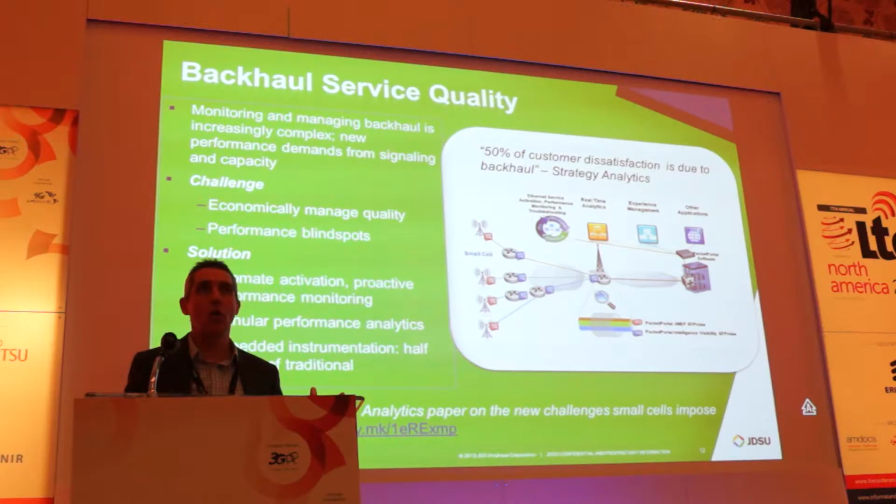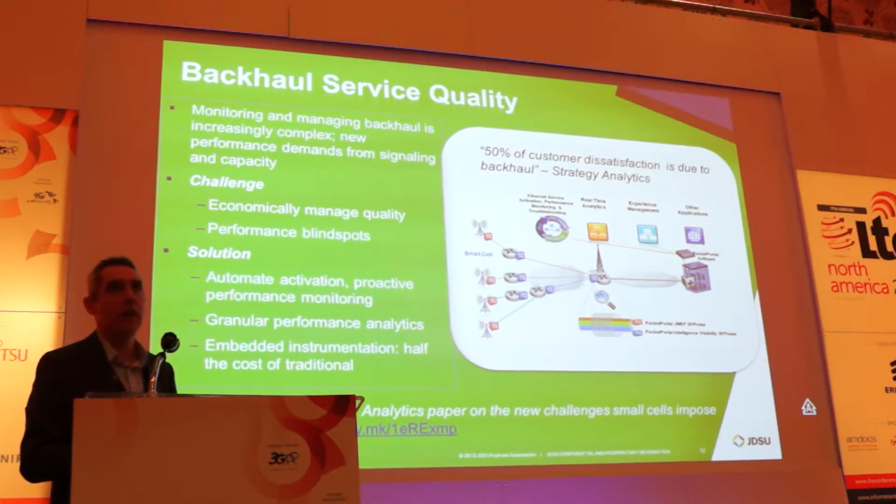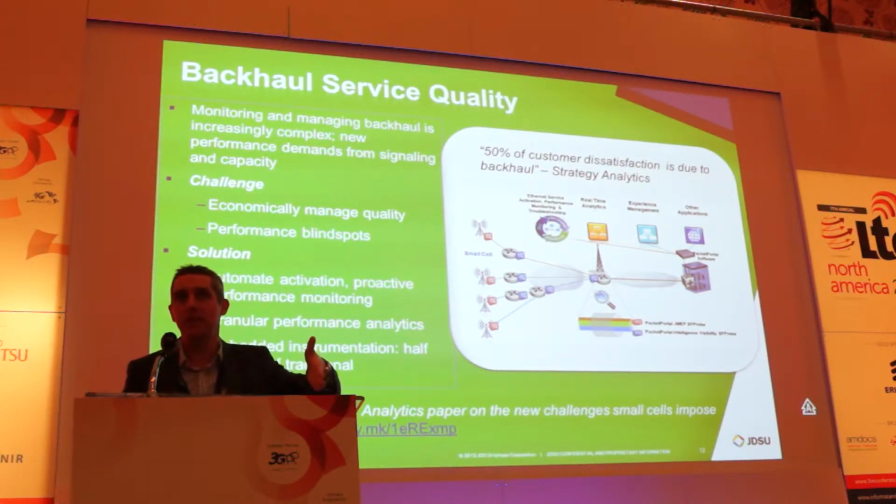Now, backhaul architectures, of course, can be very different depending on the deployment, but particularly in a small cell urban environment they're often in a hub and spoke combination. And it's quite difficult to then get the visibility you need, both at turn up deployment and as you're assuring the service.